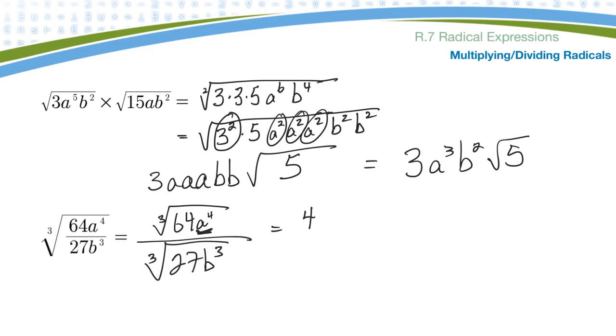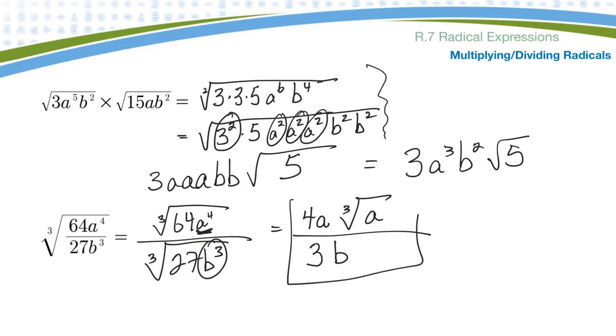A, there's 4 A's there, so I can bring 1 out, and I'll be left with inside just plain 1A. See, I'm sort of taking some shortcuts there. Hopefully you can do this kind of thing in your head. If you can't, keep doing it like that. That'll work. On the bottom, the cube root of 27 I know is 3, and here there's 3 B's. I can bring 1 B out. So that would be my answer to that question.